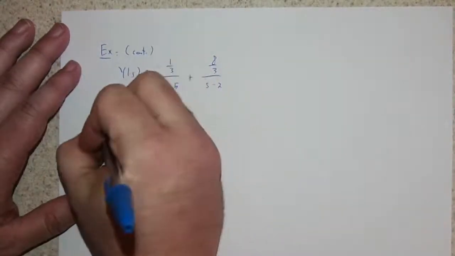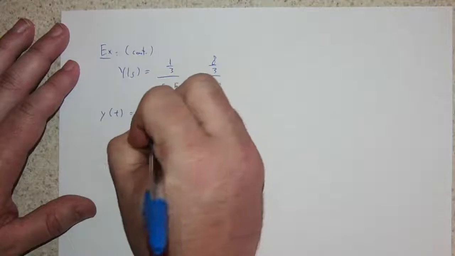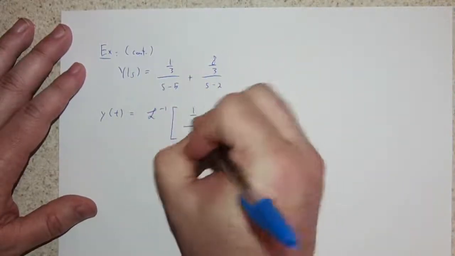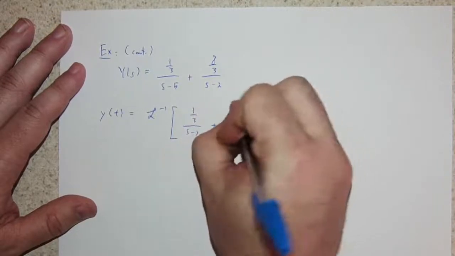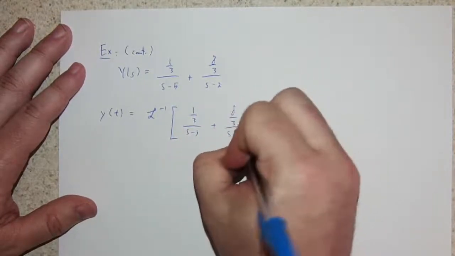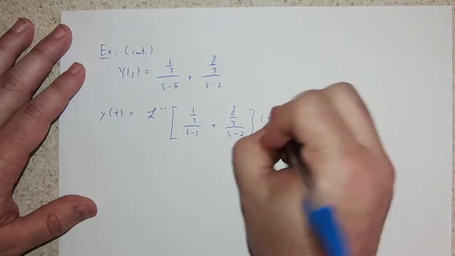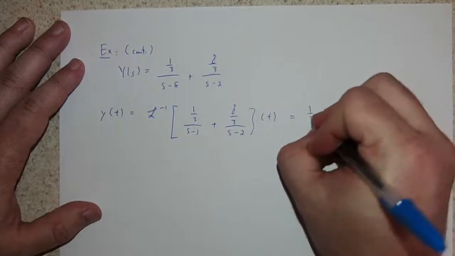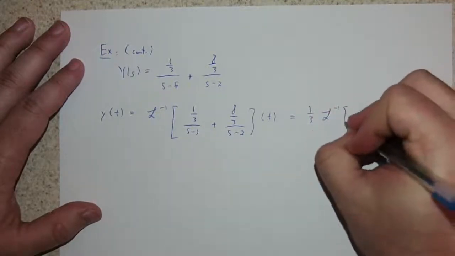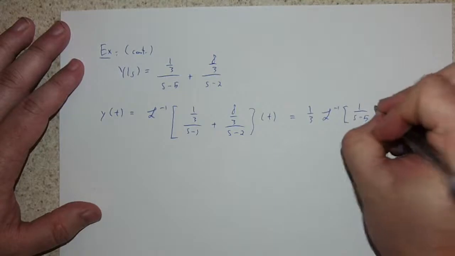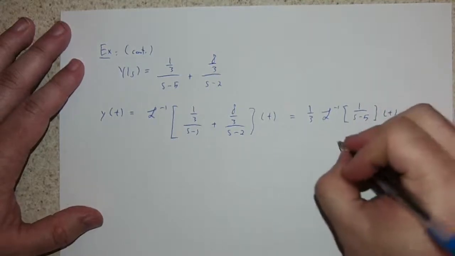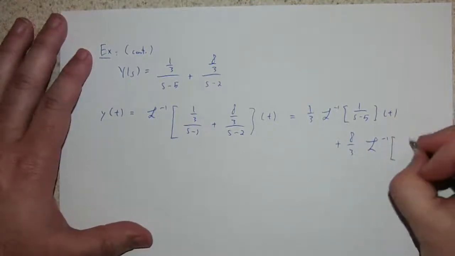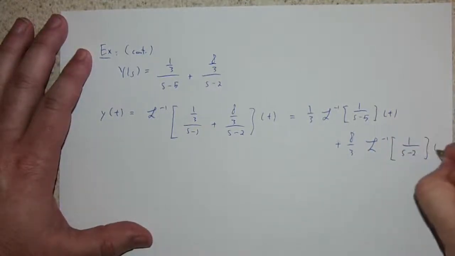If I hit that with the inverse Laplace transform, using the fact that this is linear, this would be 1/3 times the inverse Laplace transform of 1 over s minus 5 of t, plus 8/3 times the inverse Laplace transform of 1 over s minus 2 of t.